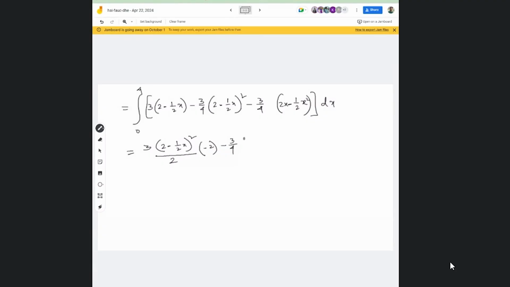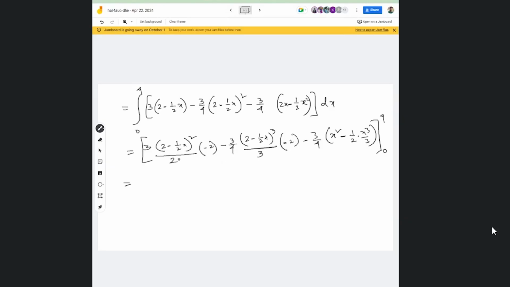Then 3 by 4, 2 minus half of x whole cube divided by 3, and there would be minus 2. Minus 3 by 4, there would be 2x integration of x squared minus half x cube by 3. So the upper limit is 4, lower limit is 0.